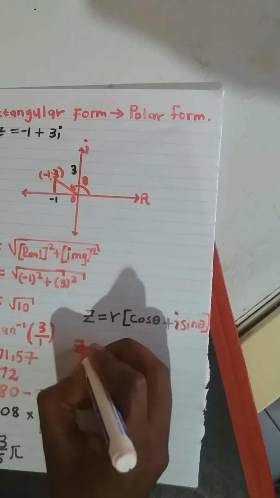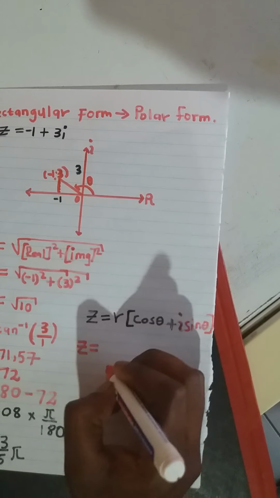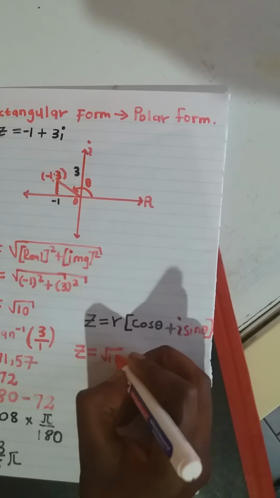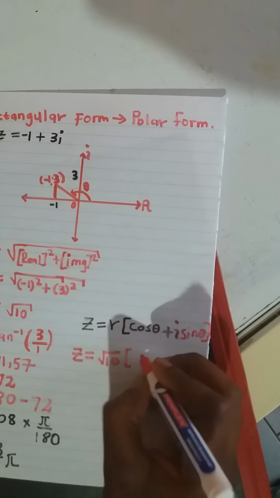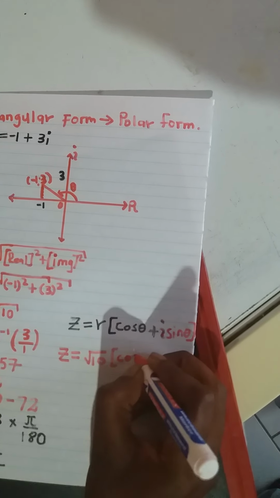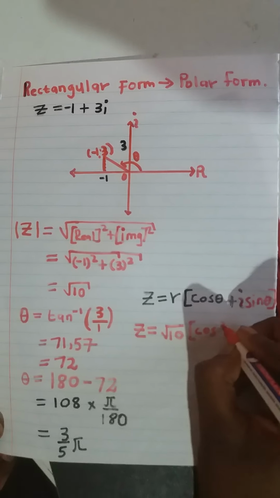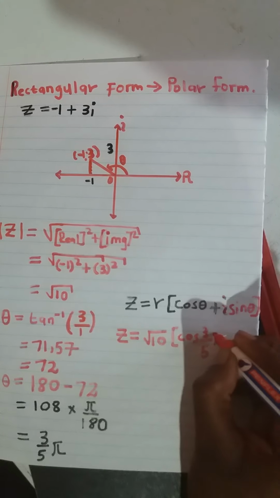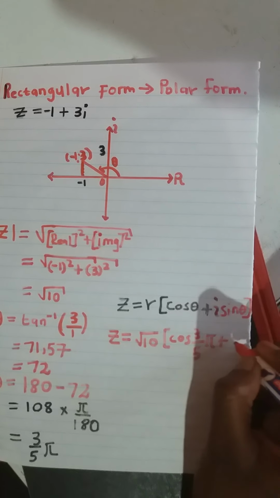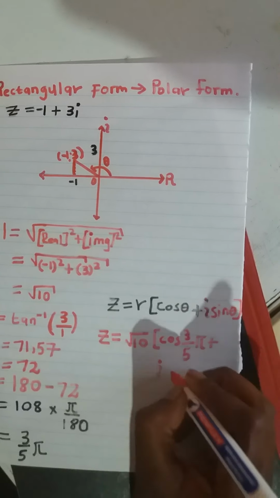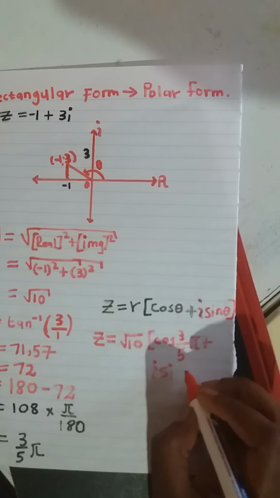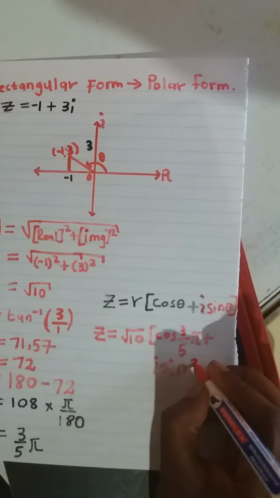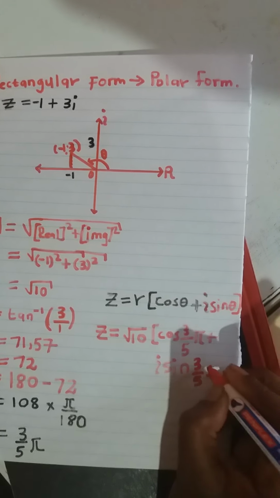So our expression in full polar form, our modulus there will be root 10, then cos 3/5 pi plus i sine 3 over 5 pi.